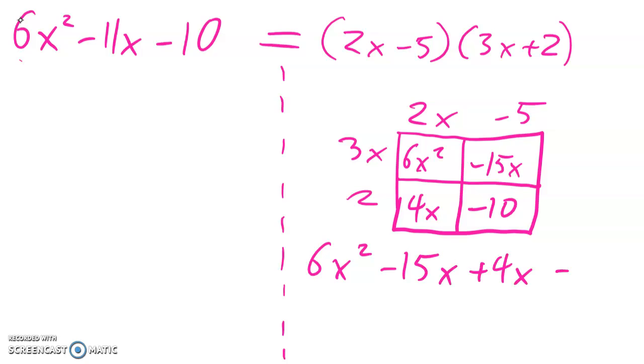That means I'm going to combine any like terms, and I always have two like terms in the middle. And that is how I would distribute two binomials and end up with a standard form trinomial that has that quadratic coefficient. So now let's see if we can do this in reverse.